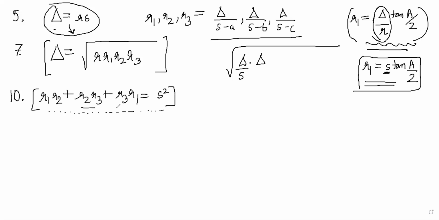R1 R2 plus R2 R3 plus R3 R1 is s square, right? Yes. This you need to know for sure, because I will show you a question in the book.